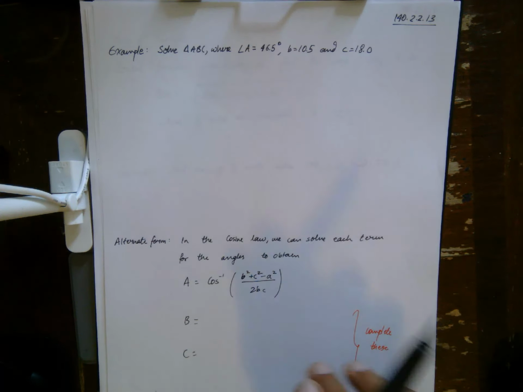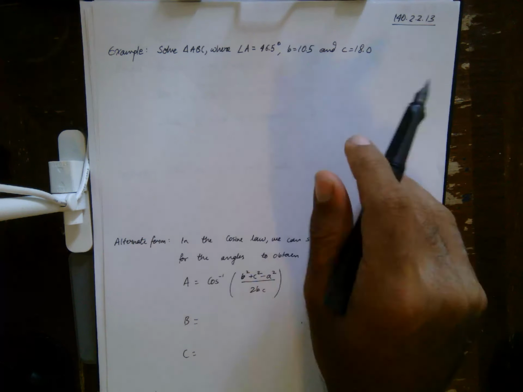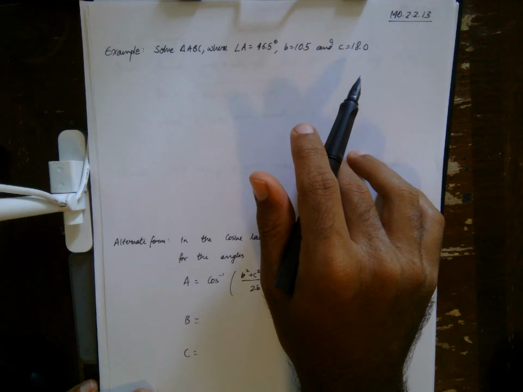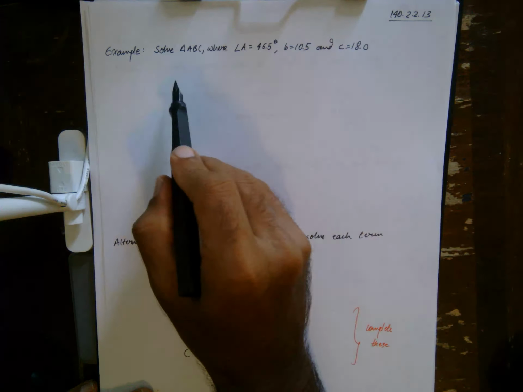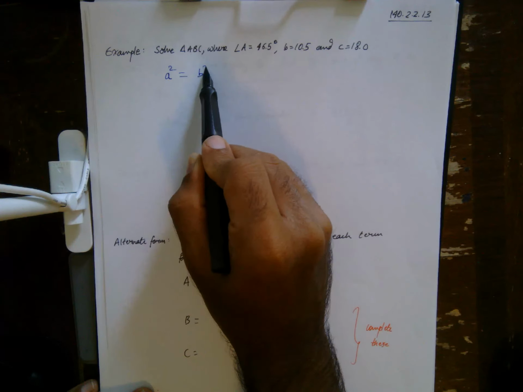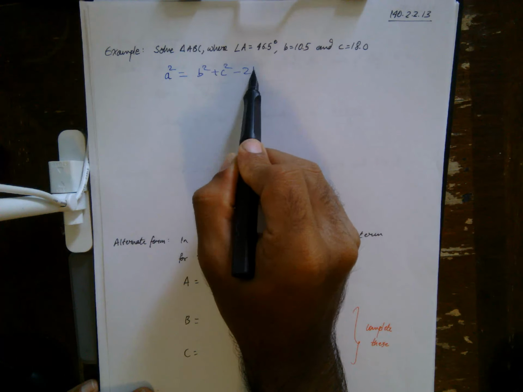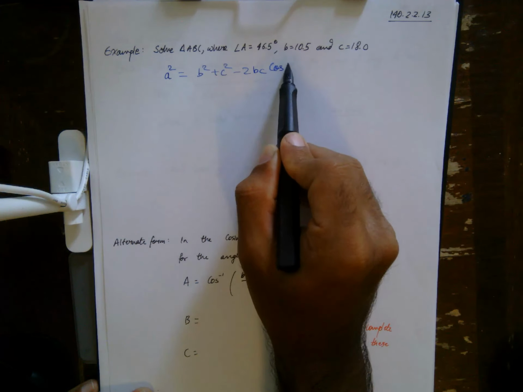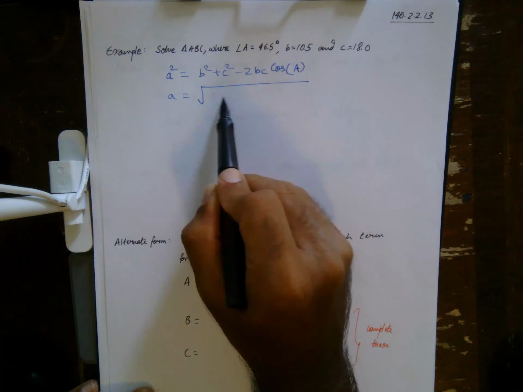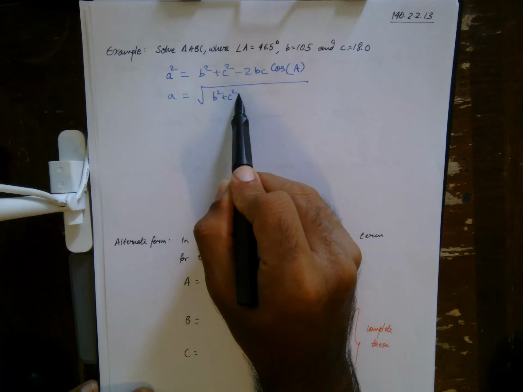So again, it says solve the triangle, but I'm just going to do some of it. Let's say find the side a. a squared is b squared plus c squared minus 2bc cosine of A. So a is going to be the square root of whatever this comes out to.